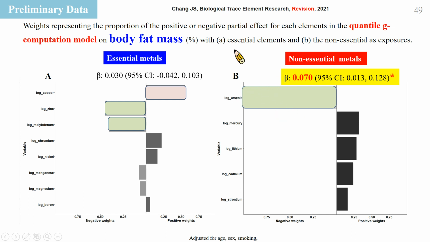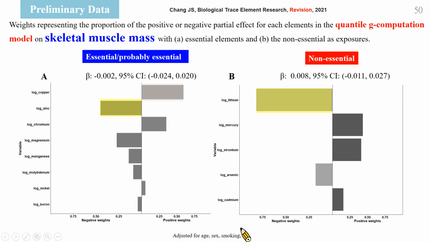For example, arsenic has a negative effect on body fat mass, but other non-essential metals like mercury, lithium, cadmium, and strontium have a positive effect on body fat mass. And we found no significant effect between skeletal muscle mass and essential or probably essential elements or non-essential elements.